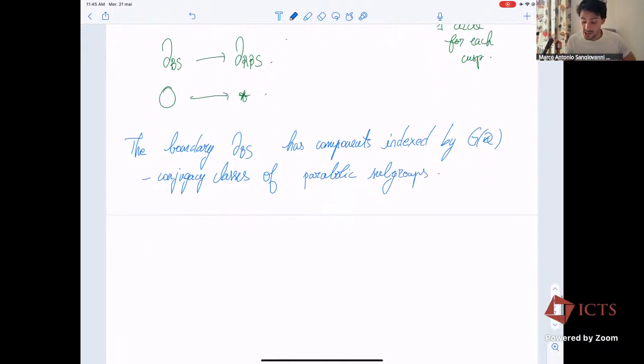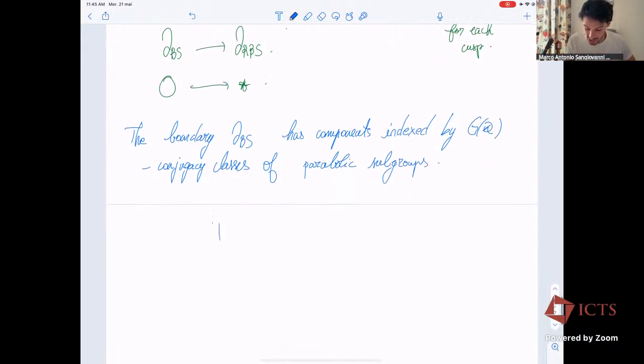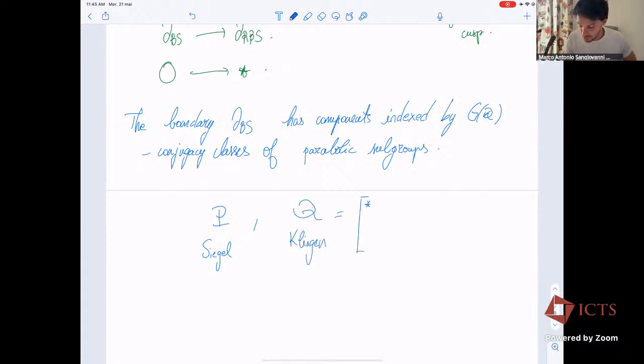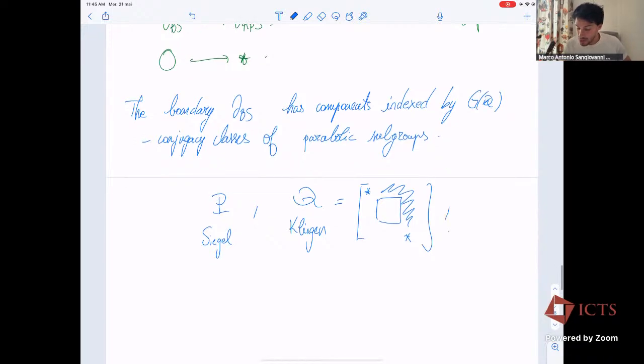So in this case, there are three G(Q) conjugacy classes. As I said before, P is the Siegel parabolic, then Q is the Klingen. So this is 4x4 matrices that are of this form in the same model. And then I have the Borel.